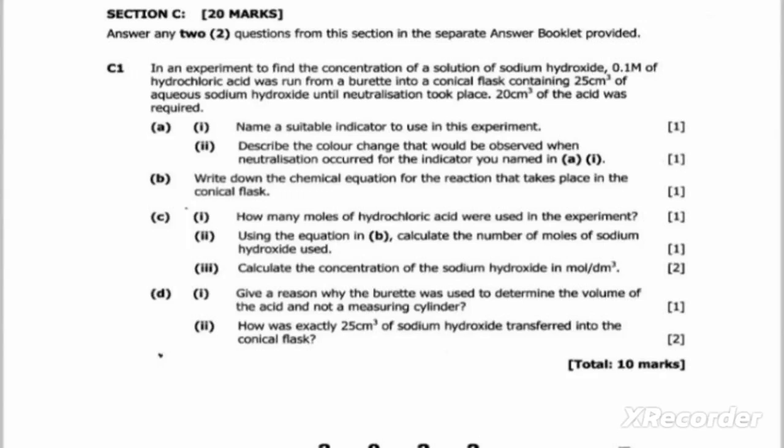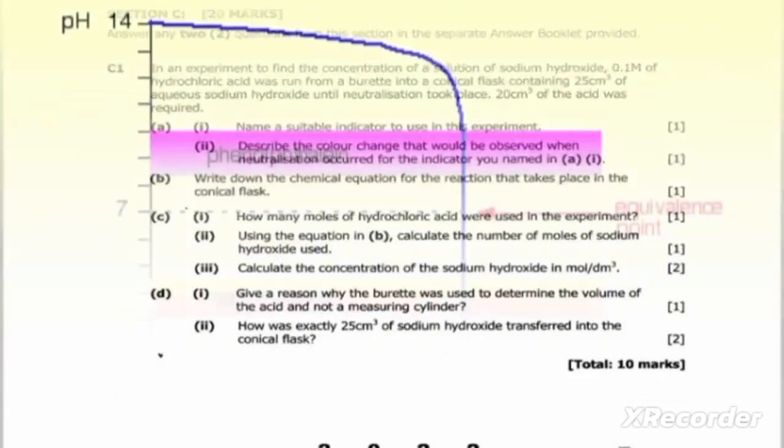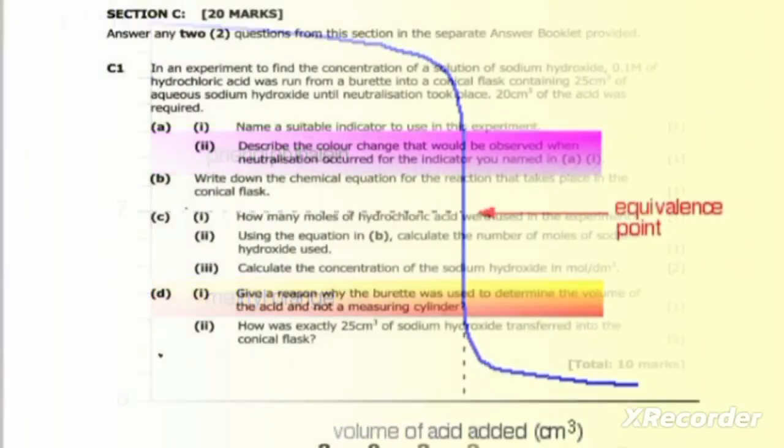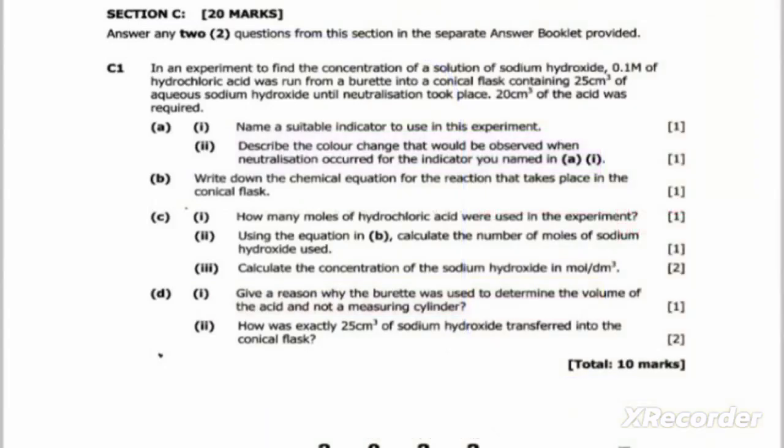name a suitable indicator to use in this experiment. The type of reaction that is taking place is a neutralization reaction. Why are we saying this?